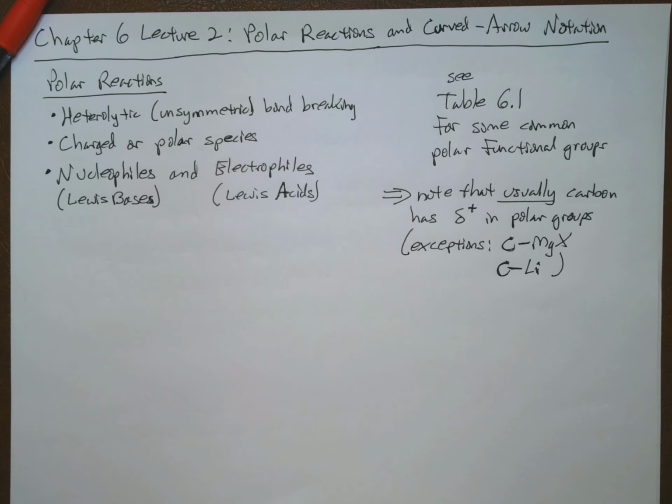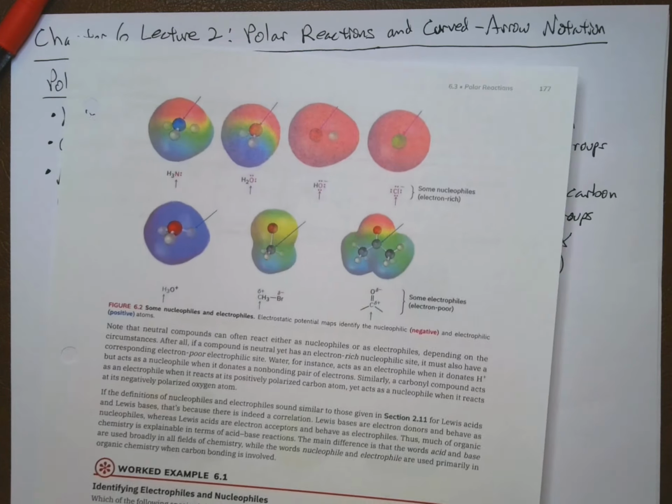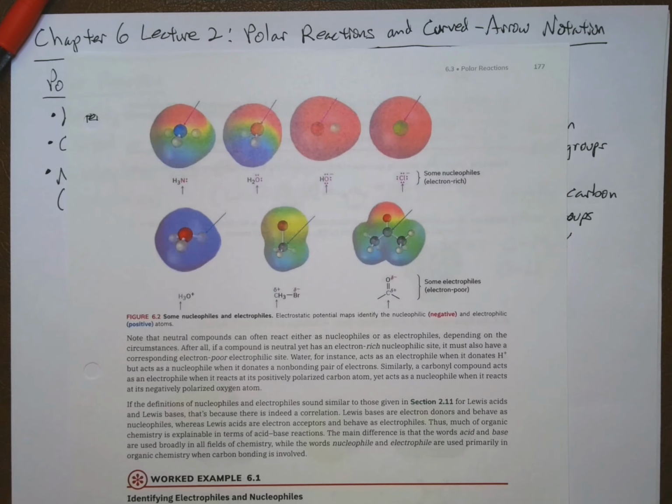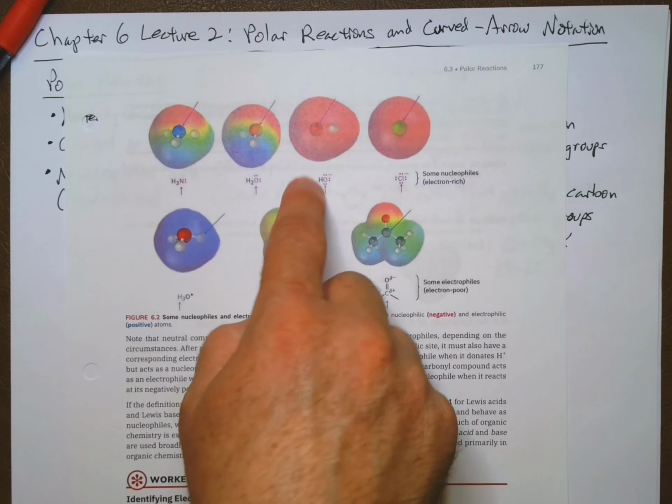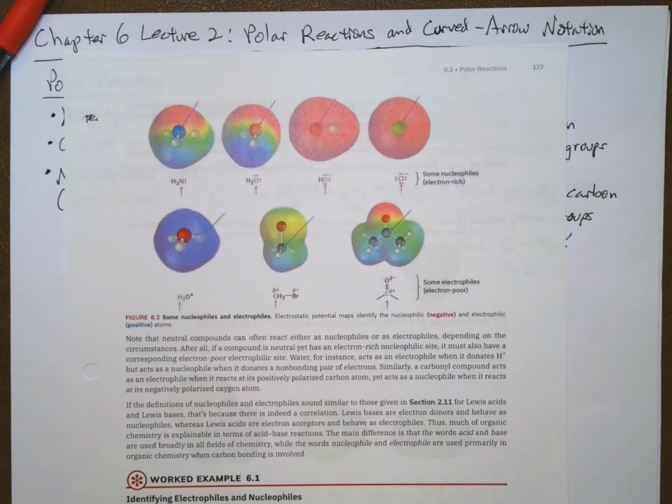Okay, so you will want to be able to identify Lewis acids and bases. You can take a look at some of the figures here. Here's figure 6.2 showing some nucleophiles and electrophiles, with different electron density maps.